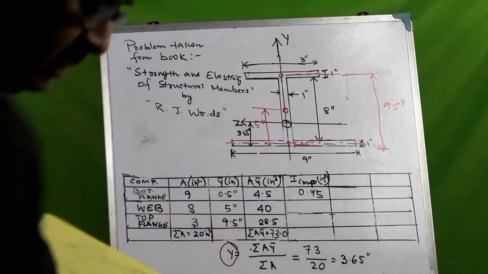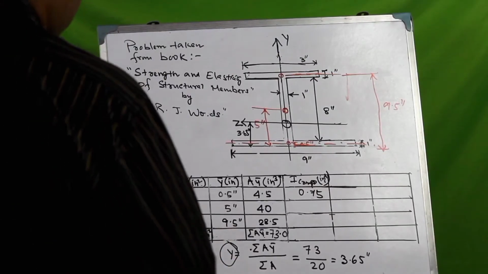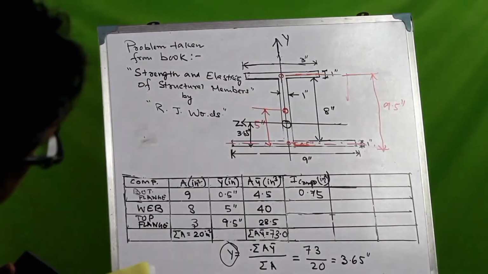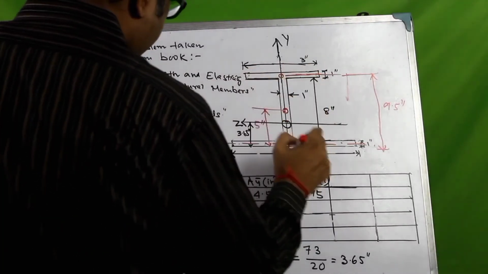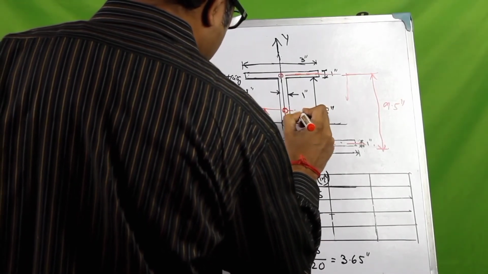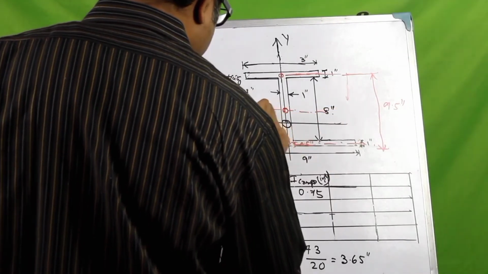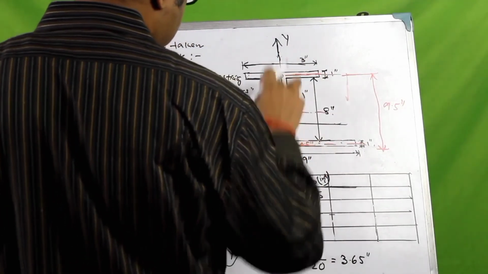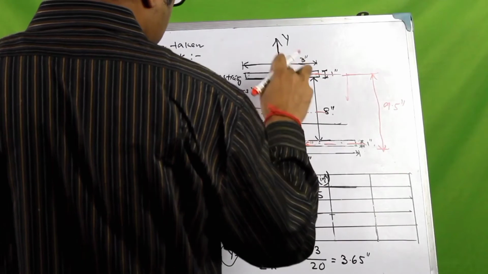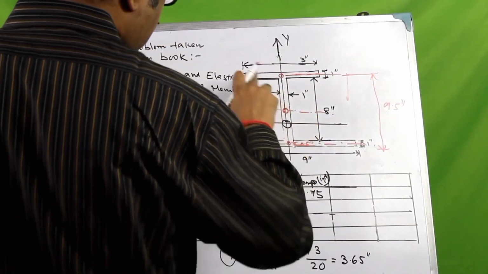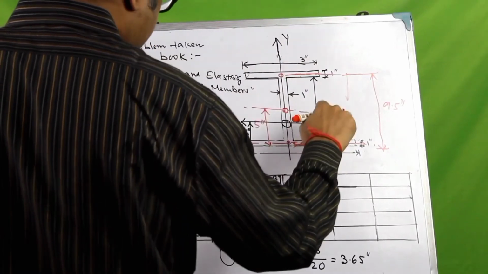The next, the moment of inertia. So we'll identify the next, for this web, we want to find out, this would be the horizontal centroidal axis parallel to the z-axis for this web. And what would be the moment of inertia of the web about its own centroidal axis? It would be 1 into, the depth is 8, right?